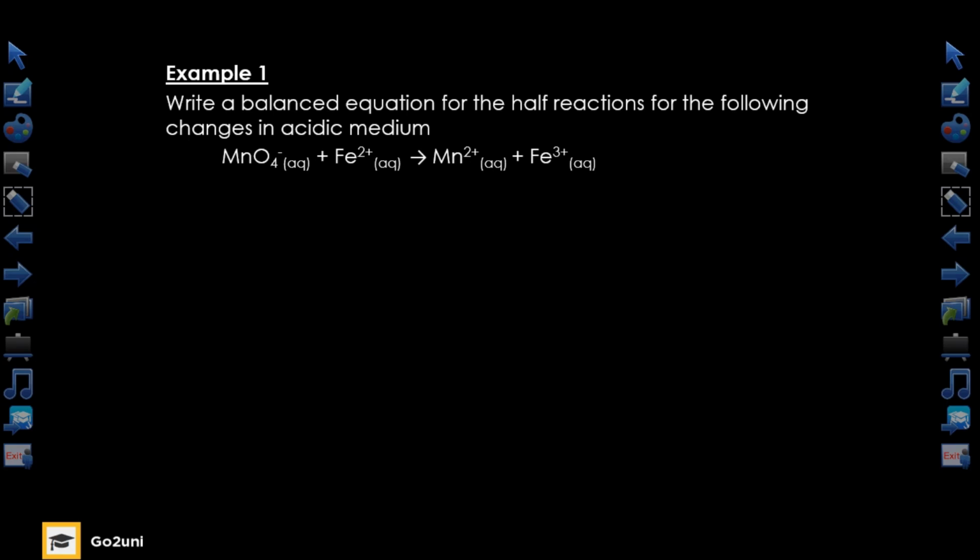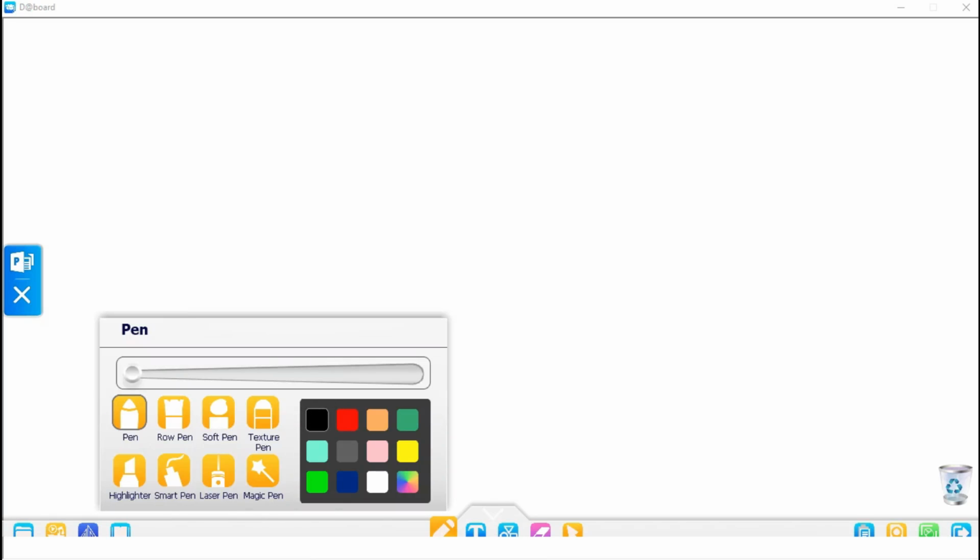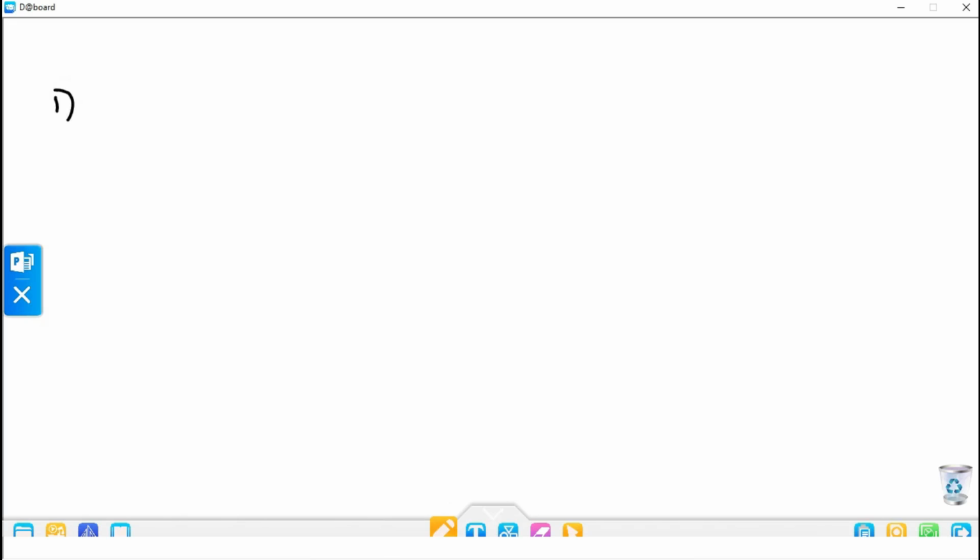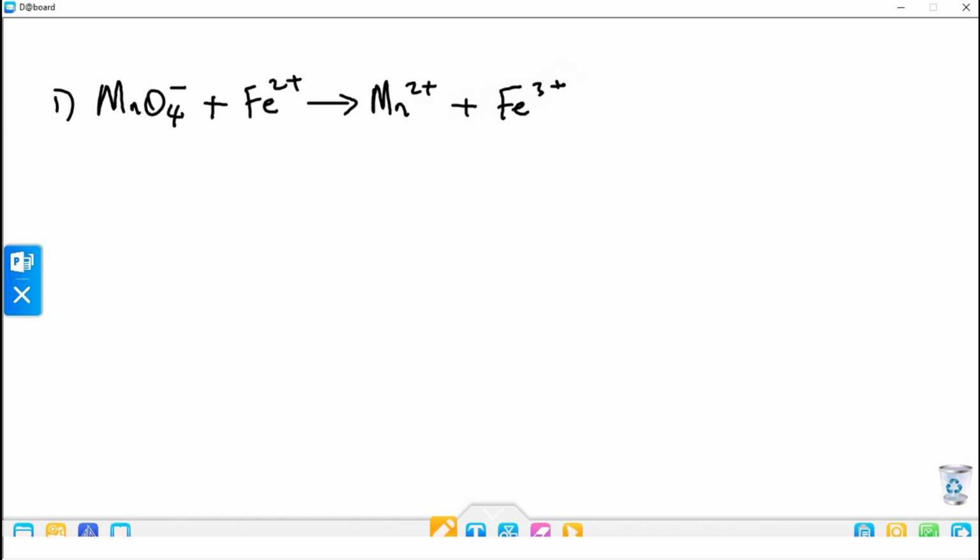So from the example there, that's the first example. We have MnO4 minus plus Fe2 plus, and that gives us Mn2 plus and Fe3 plus, all in their aqueous solutions.